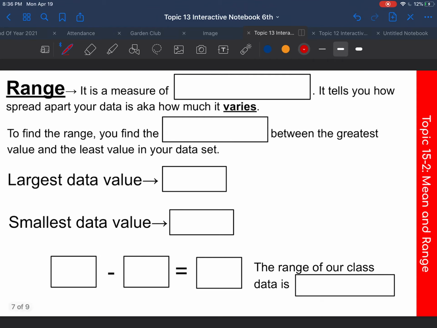All right. So now let's look at this next example. And it's finding range. And range is a measure of what's called variability. Basically, variability tells you how spread apart your data is, aka how much it varies.